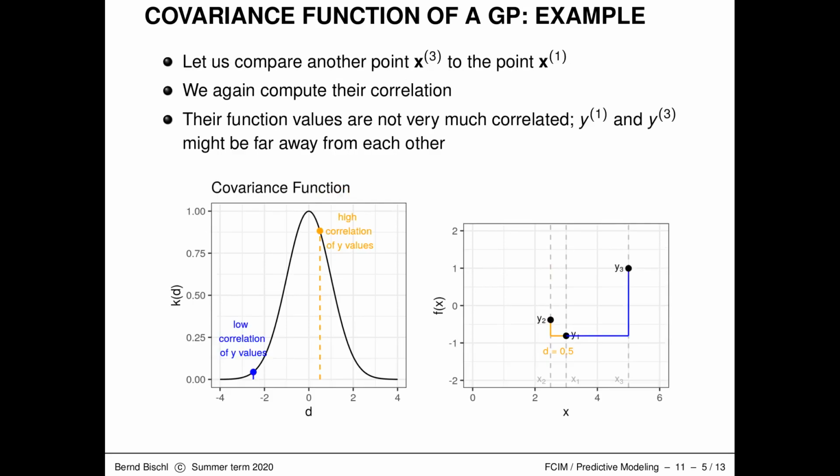Now let's compare to yet another third point, which is not so close to x1. So x3, which is located here, I think a little bit to the right of x3 equals 5. And again, we compute the distance. That's a little bit more than -2. And we plug that in here again in the correlation function.